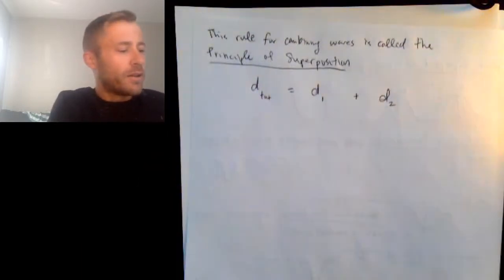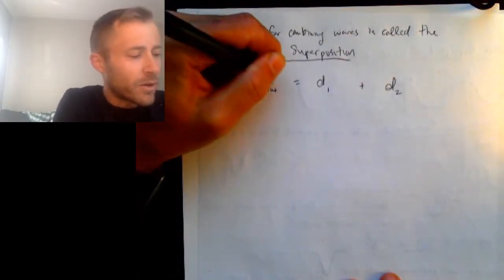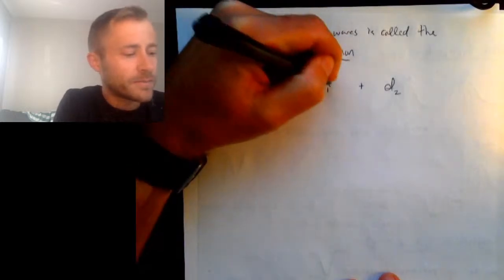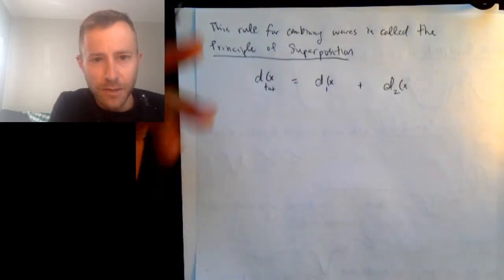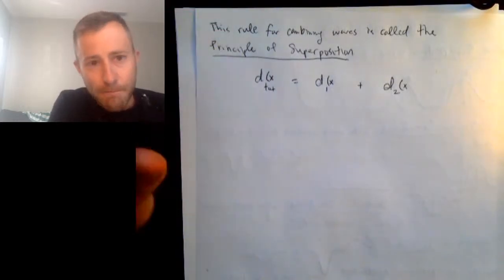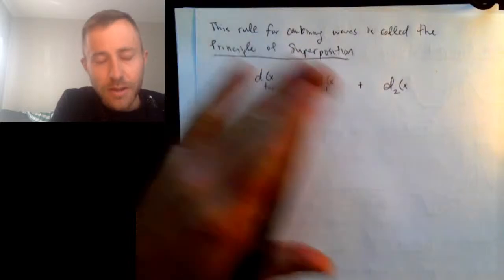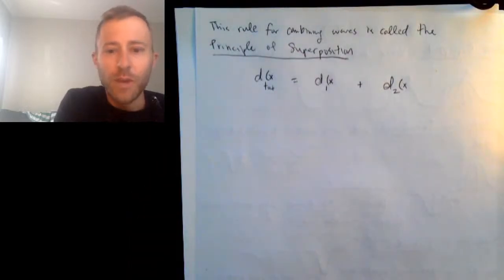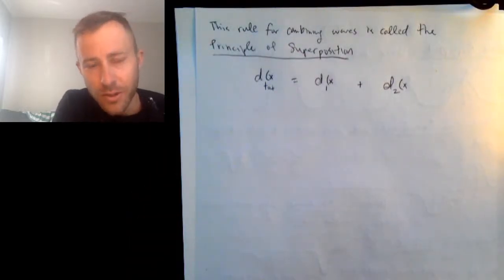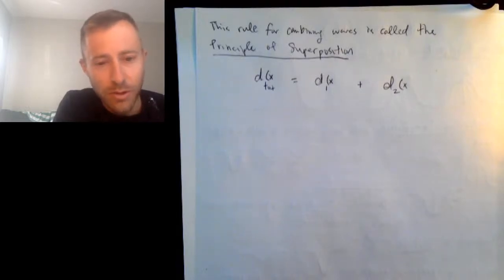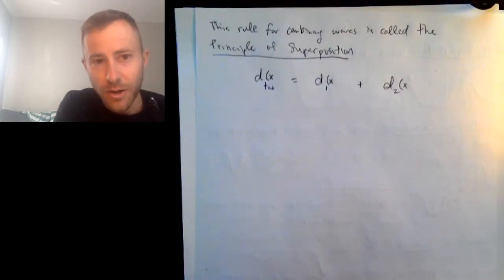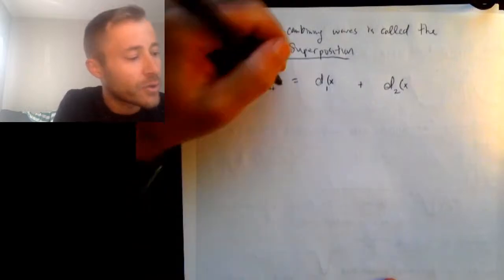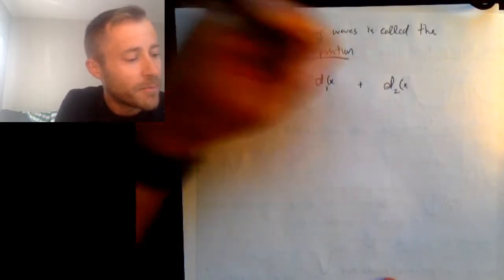So all of these displacements are going to be functions of position. It's kind of like f of x. But the thing about waves is that waves don't sit still. They wave back and forth. So the displacement is never going to be just a function of position. It's also going to be a function of time.